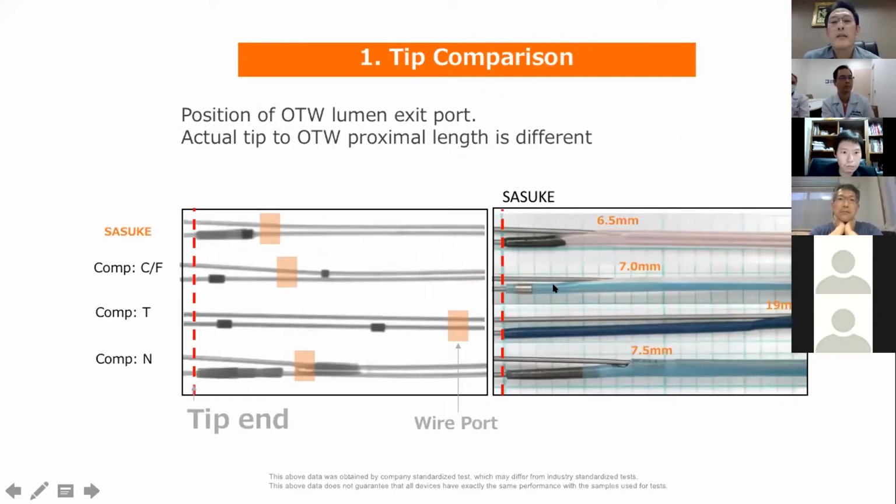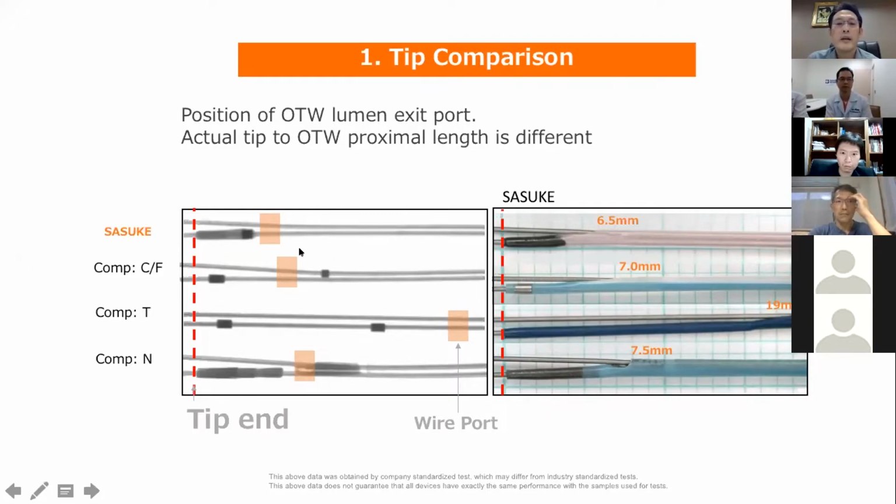The superiority of the Sasuke: the first is the tip comparison. You can appreciate from the fluoroscopy that the Sasuke has the shortest tip to the axis of the OTW port. And it's really precise because you can know where the axis of the OTW port is, compared to competitors like Crusade, Twin-Pass or Enhancer, which have a longer tip, and sometimes we cannot know where the exit of the OTW port is, like this or like this.